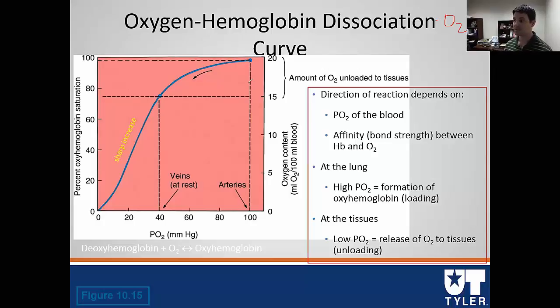So if we look at what the PO2 in arteries is, right? We covered this earlier, but this is about 95 in the arteries, right? So PO2 equal to 95 in the arteries.